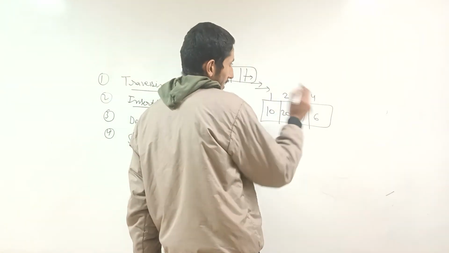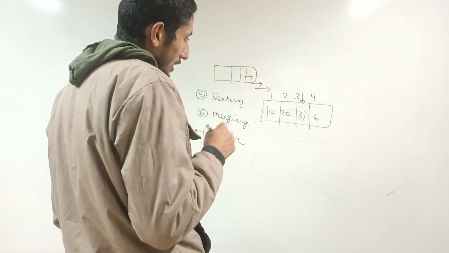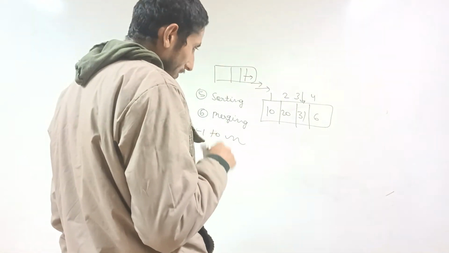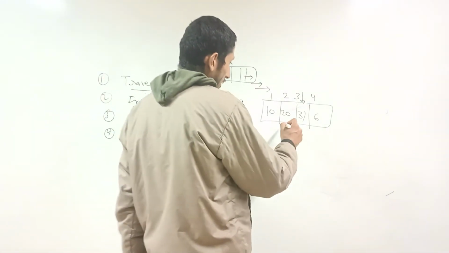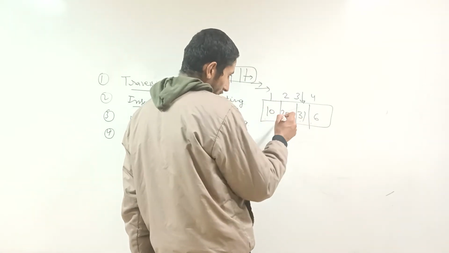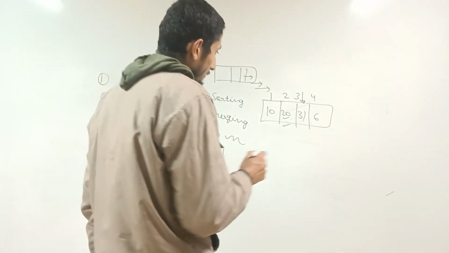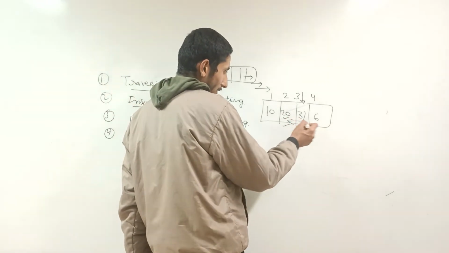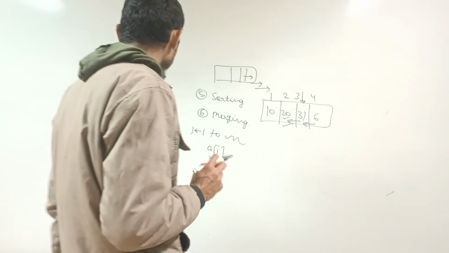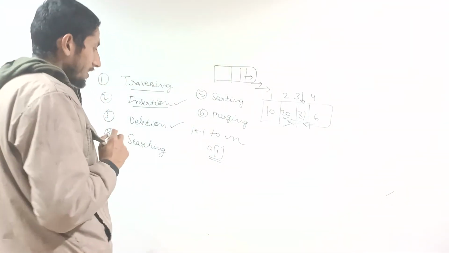If someone says please search 20, and if present in the array, then please delete 20, what I have to do first of all is perform searching. In order to search 20, if it is available, then we have to delete the element. It means elements will shift toward the left. So in the case of array, in insertion and deletion, shifting takes place.